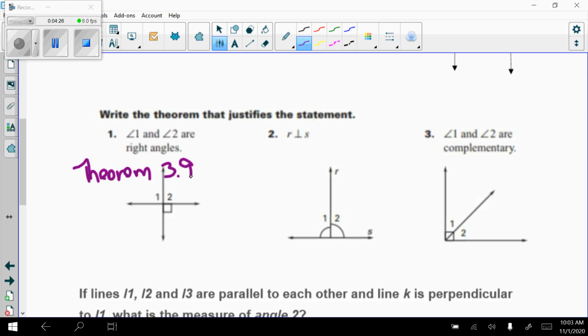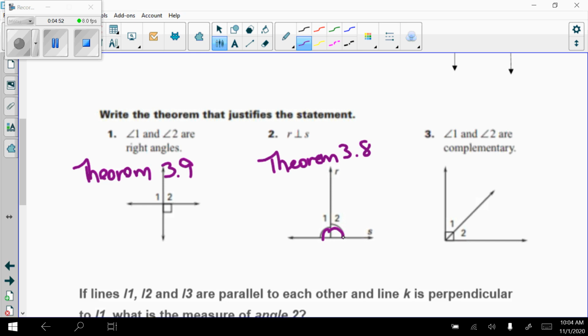Number 2, they give us this picture, and it says R is perpendicular to S. So that is the very first theorem we talked about, theorem 3.8. So you see that they have angles 1 and angle 2 marked congruent. Theorem 3.8 told us if two lines intersect to form a pair of congruent angles, then the lines are perpendicular.